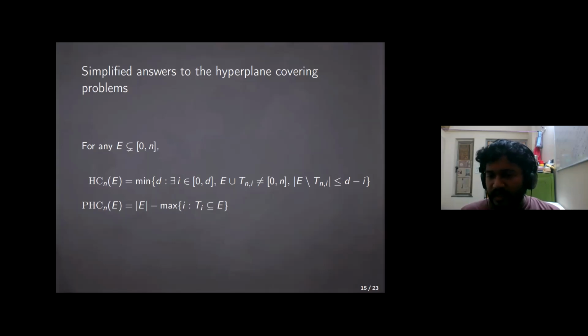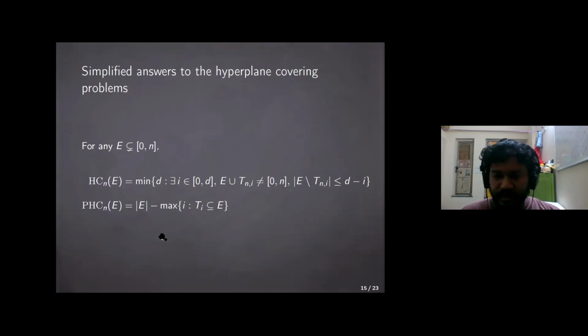But E for us in the Alon-Furedi case is 1 to n. So 0 is not contained. Therefore, no Ti for I greater than or equal to 1 is contained in E. Only T0 is contained, and T0 is the empty set, right? So this maximum is 0 because I is equal to 0, and we get PHC of E is mod E, which is the Alon-Furedi bound.